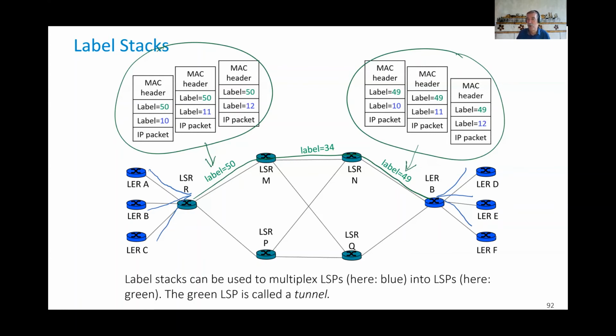Here we do recursive MPLS label processing, and this can be used to simplify the network and have fewer MPLS connections. So typically you construct MPLS connections from one edge of the network to the other edge where you have traffic, and then everything that goes here is put into the system. You typically have two levels, sometimes three, but most of the time you have only two levels.